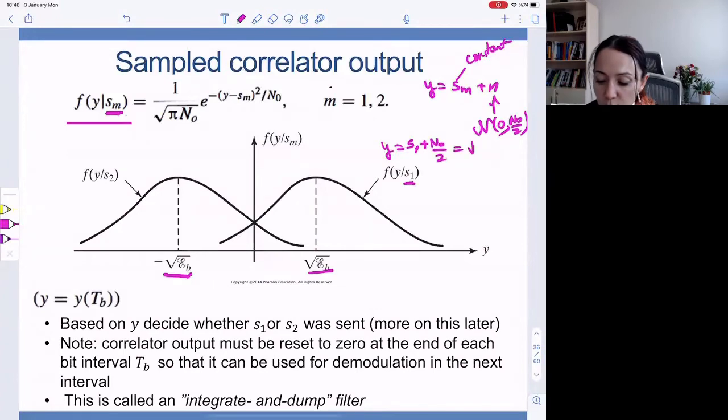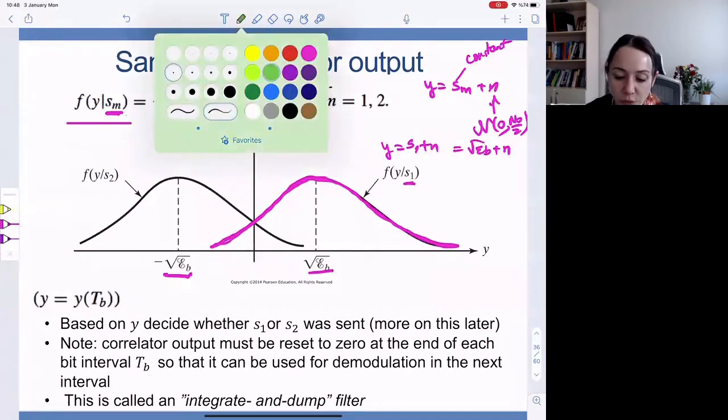In other words, square root of Eb plus n. And n is white Gaussian noise, 0 mean. So the resulting conditional probability density function under the condition that S1 is sent is going to be this.